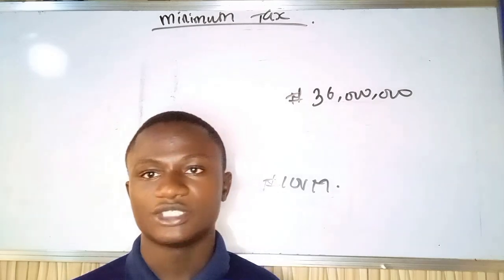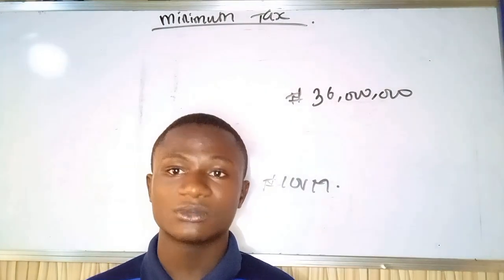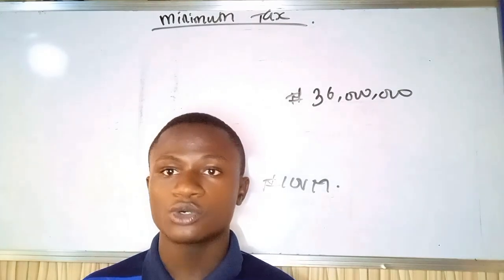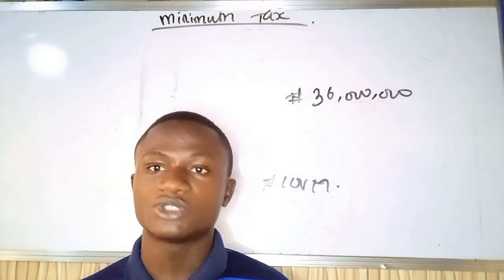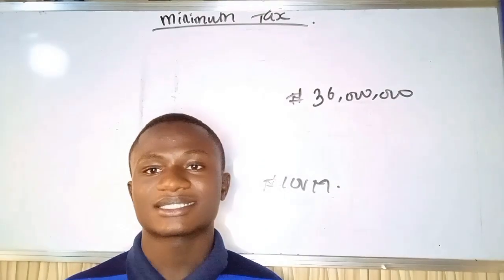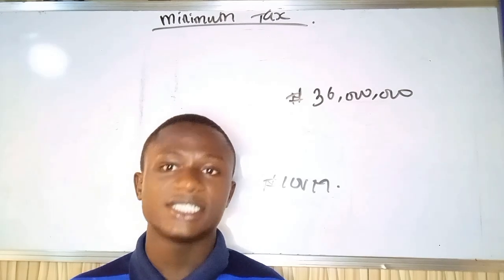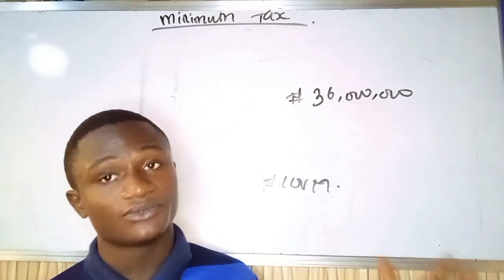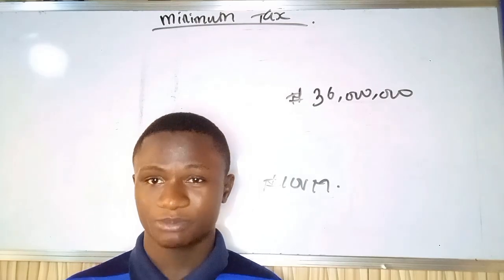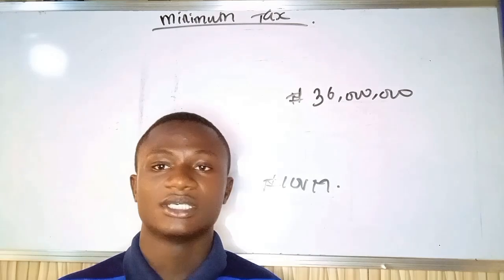Other companies that don't pay minimum tax are companies that are into agriculture, agricultural produce and all of that. And finally, companies that have not operated for a good 4 years. So according to the provisions, agricultural companies, small companies, and companies that have not operated for a good 4 years will not pay minimum tax.